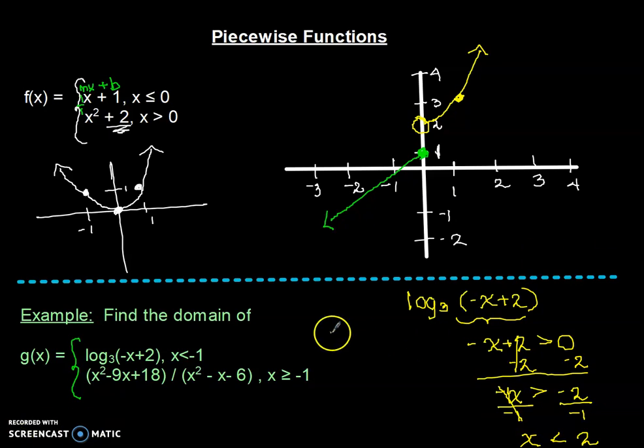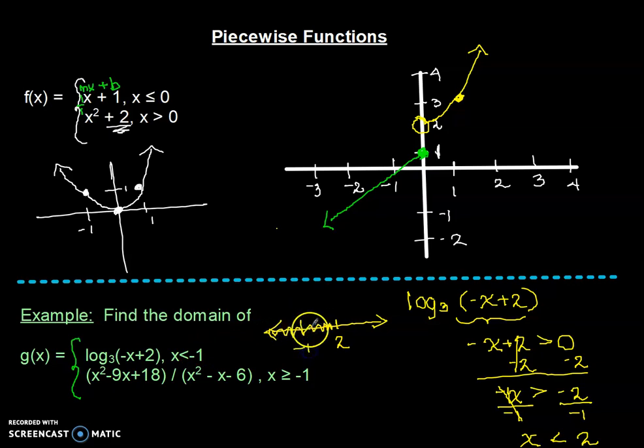Okay, so from here, I'm just going to note that I could use the numbers for 2 and all the numbers less than 2. However, this is only used when x is less than negative 1.